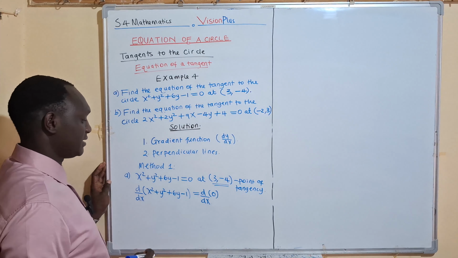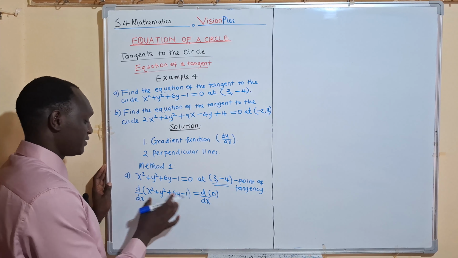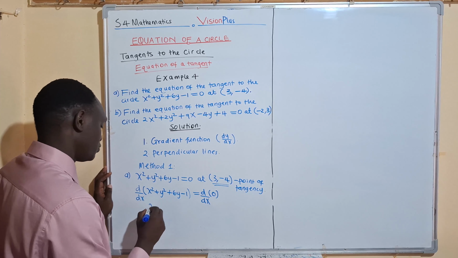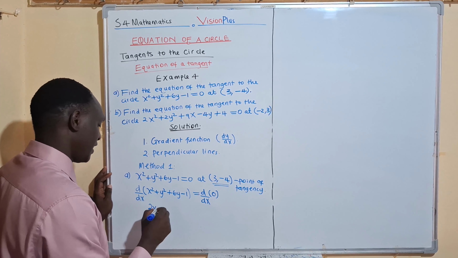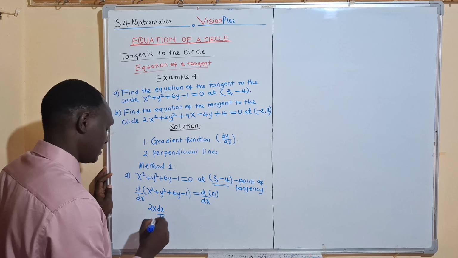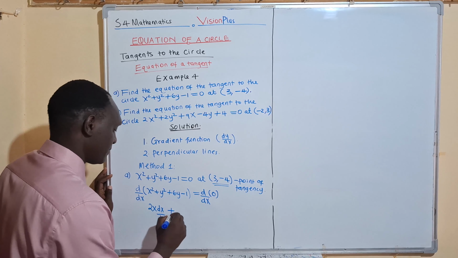If we differentiate x squared, we get 2x.